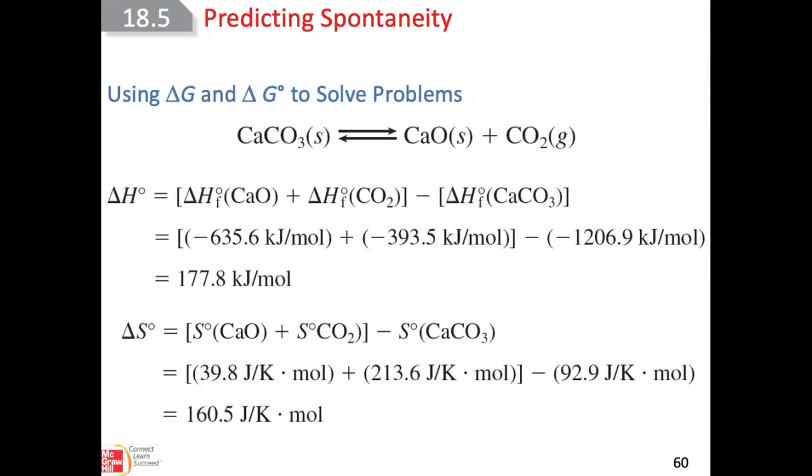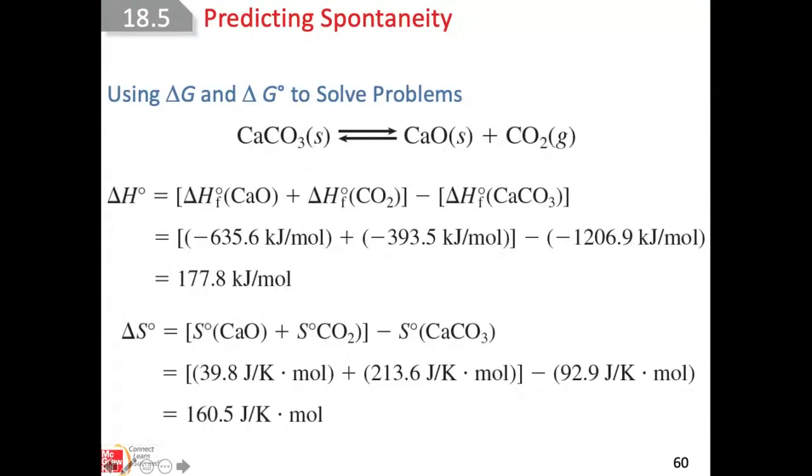So now let's take a look at this reaction, and we can use delta H, the standard enthalpy of reaction, and the standard entropy for this reaction, and find the delta G. In order for you to find the standard enthalpy for this reaction, we need to know the standard enthalpy of formation of all of those substances.